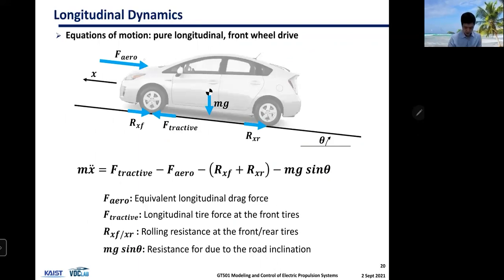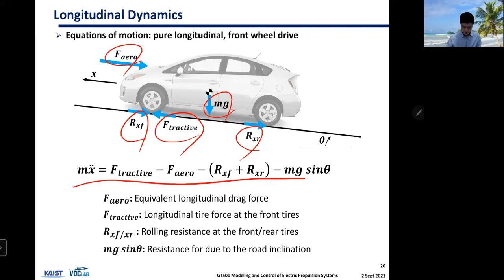So there's aerodynamic drag, and then there's gravity, and then there's rolling resistance acting on the wheels or powertrain, and then there's tractive force. In the case of front wheel drive, the tractive force will be at the front wheel, and if you write down the equations of motion, this is what you would get.